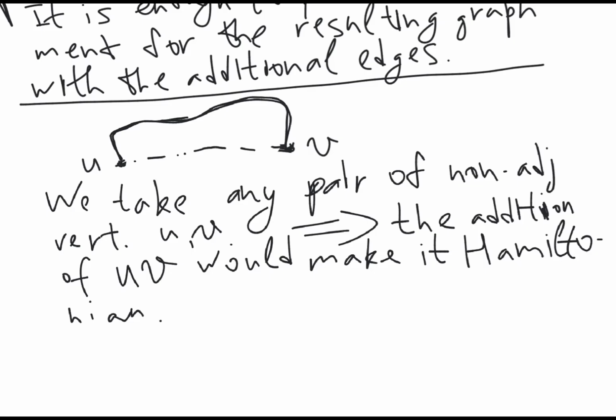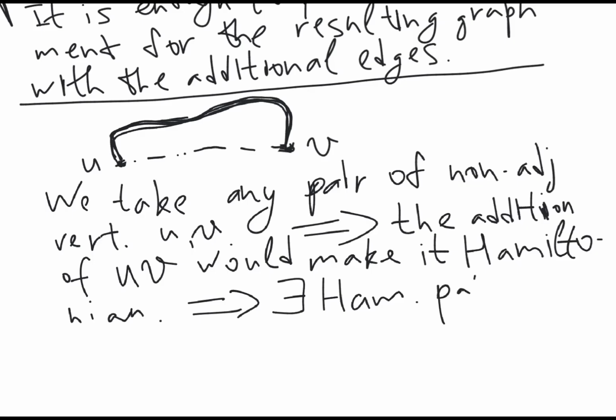Because the addition of this edge would make it Hamiltonian, it would create a Hamiltonian cycle. So it means that there is a Hamiltonian path, not a cycle, from u to v.